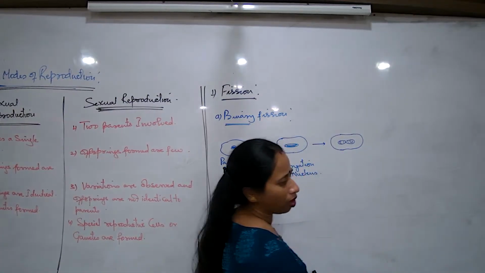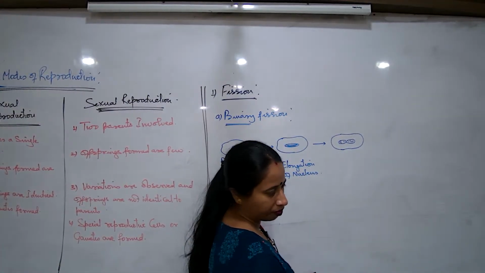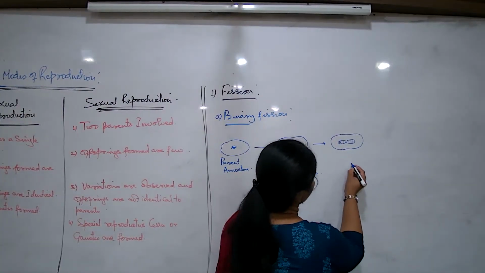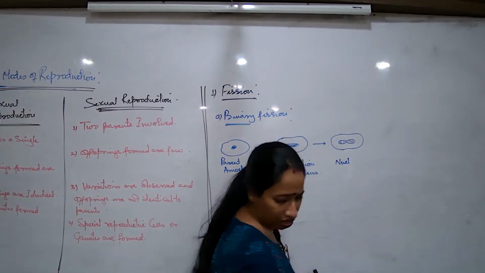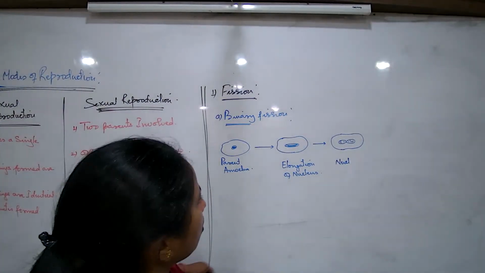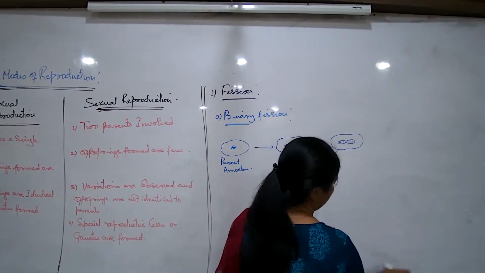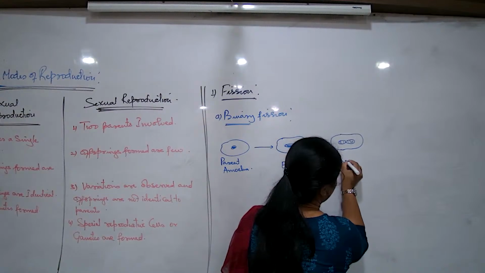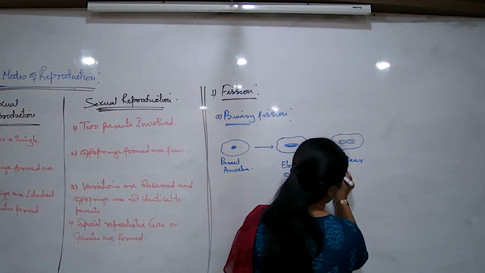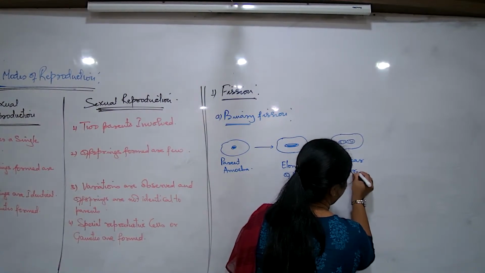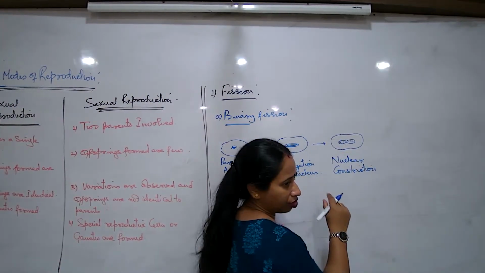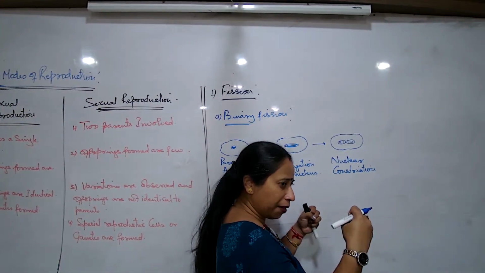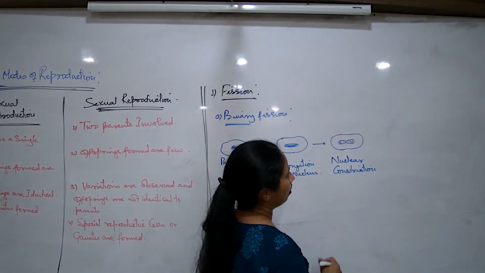The cytoplasm also will show a groove. So elongation of the nucleus followed by the nuclear constriction. What is the meaning of constriction? Formation of a deepening on either side so that the entire nuclear content can pinch off, separate.